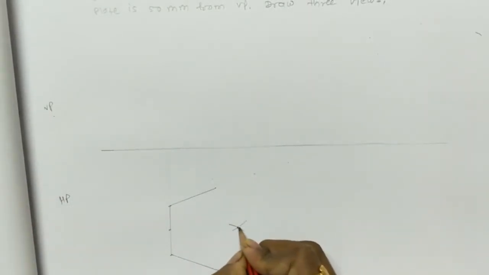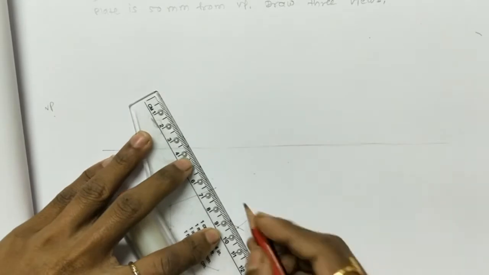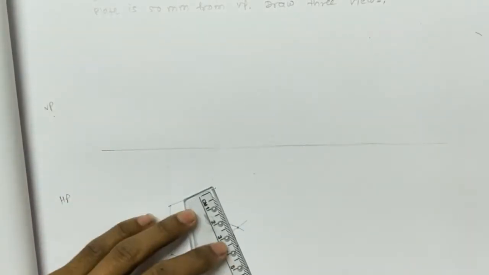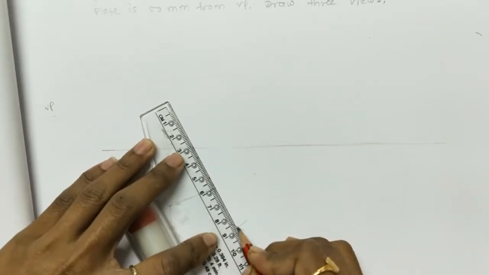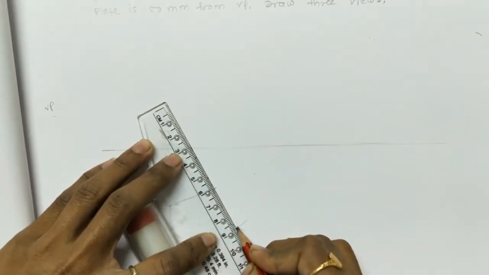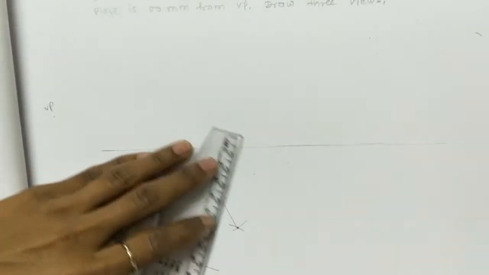So this is the last point. Now join. So it will again be 30, and this is also 30.